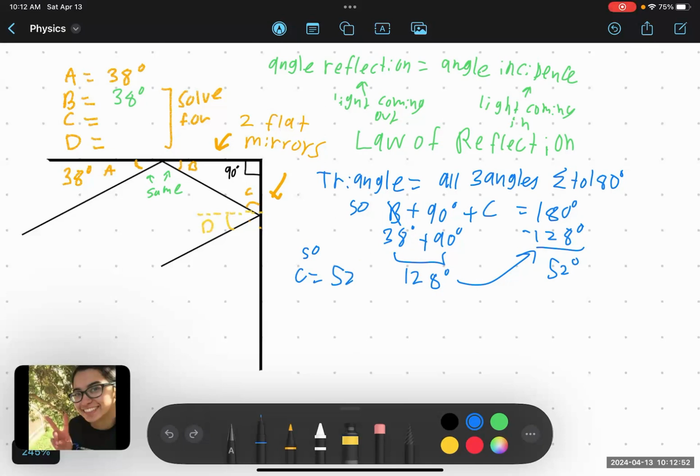So we know that C is equal to 52 just based on this triangle here.